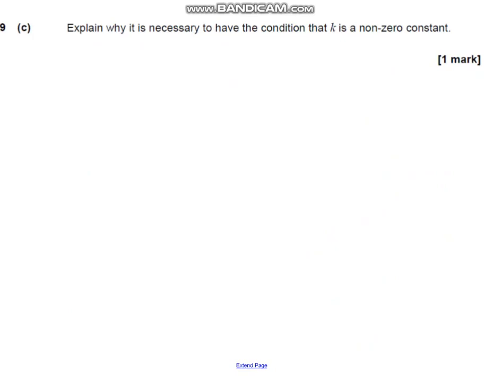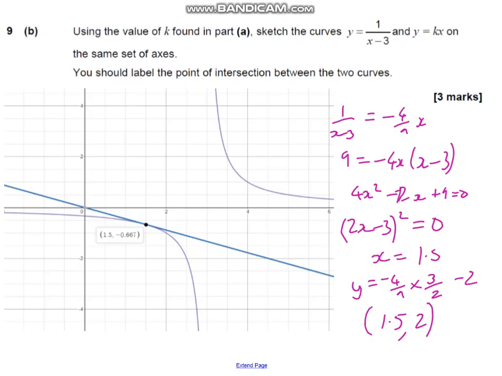Well, clearly you wouldn't be able to have any solutions, because if k was 0, then you'd have y equals 0, and that would just be an asymptote going straight across here, and that would never intersect 1 over x minus 3.